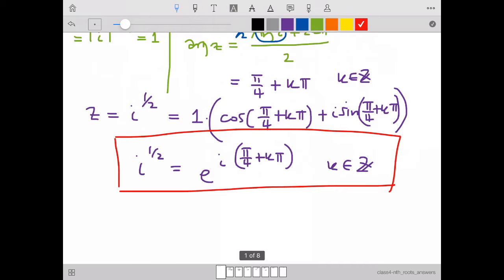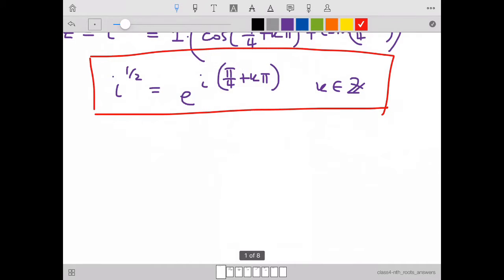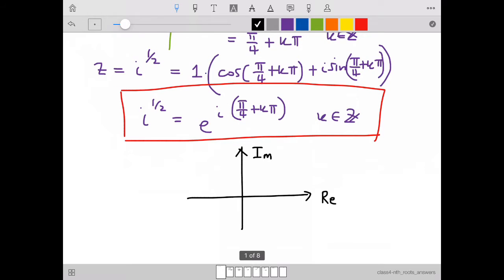Okay, well, let's see where these are located. In the complex plane, with real part and imaginary part, its absolute value is 1, so it is on this unit circle.